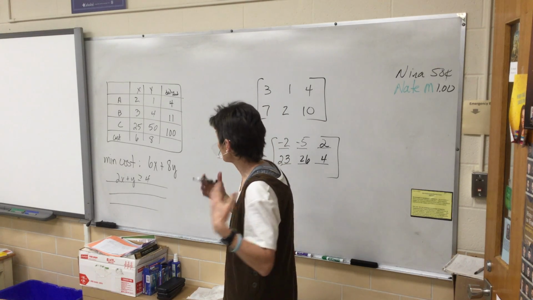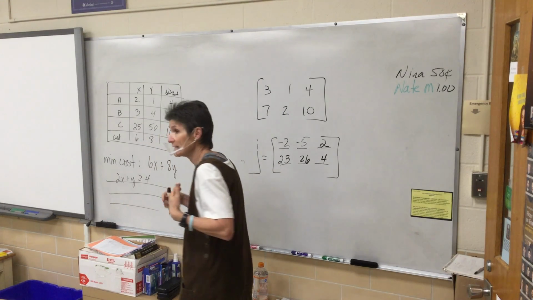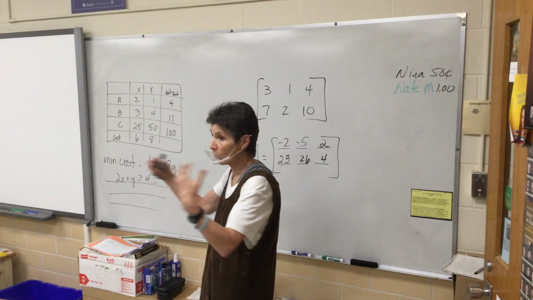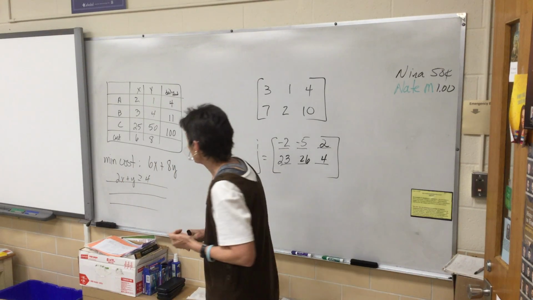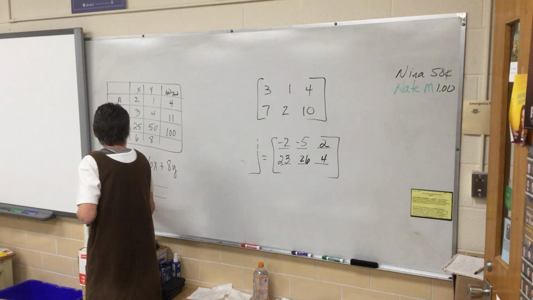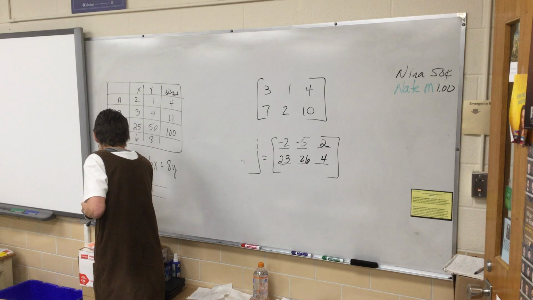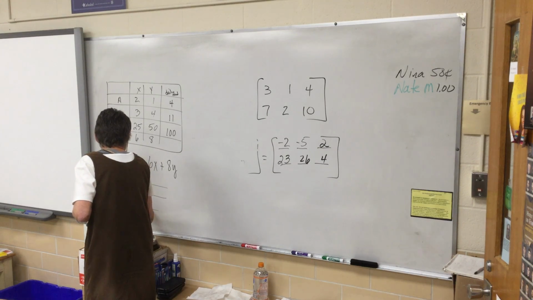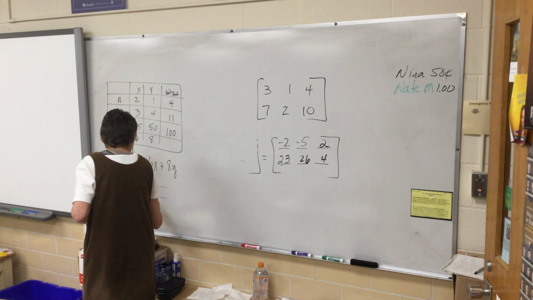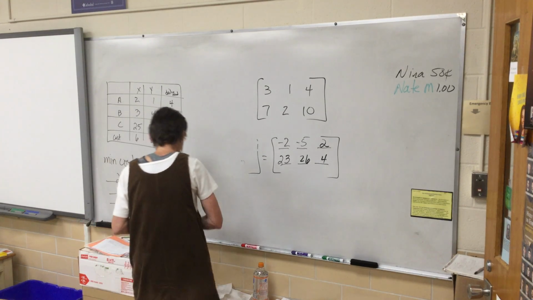So however much vitamin A I'm taking, I gotta get 4 or more to stay healthy. What is the equation for B? 3x plus 4y is greater than or equal to 11. And then we got a C. And then we also have our 2 that we always have: X and Y are both positive.